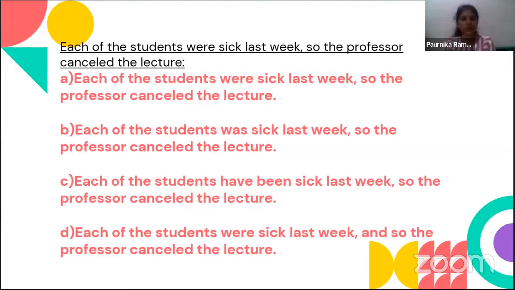"Each of the students": each is singular, as we all know. So the verb will also be a singular verb, and from this question, the only option which has a singular verb in it is "was".